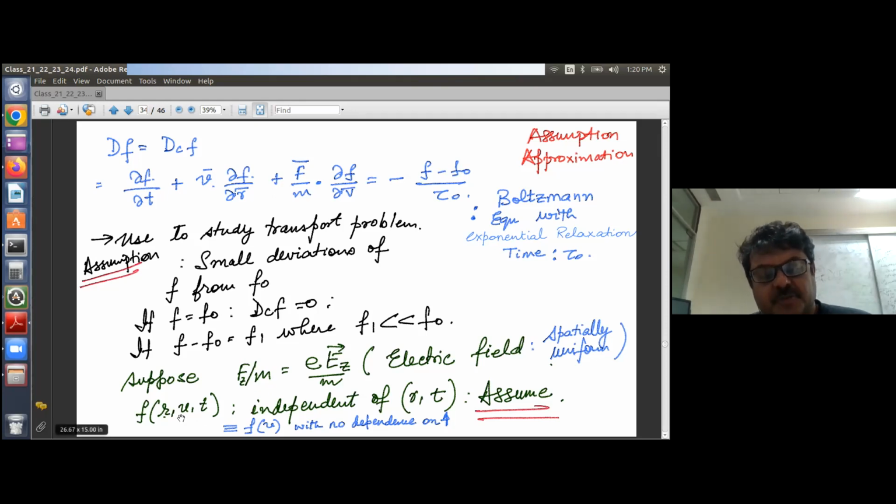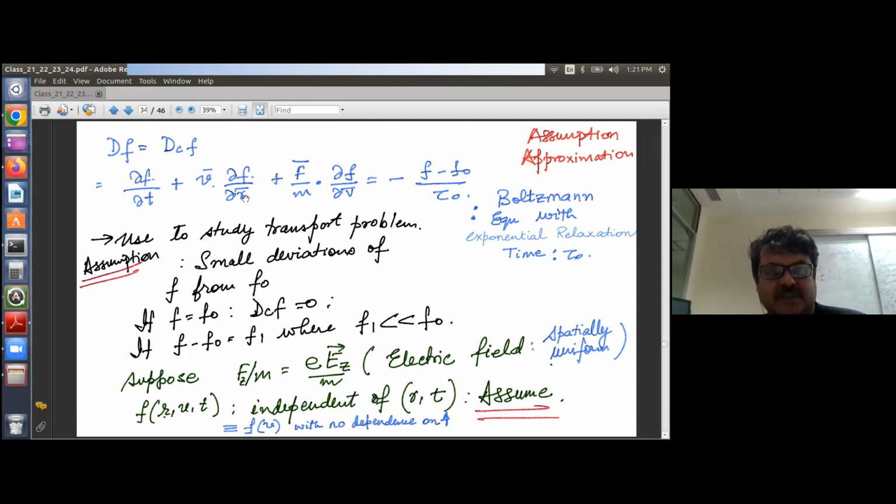So what we are assuming is f(r, v, t) is steady state, so it is independent of space and time. But f of v has an explicit dependence on velocity, because del f del t is equal to 0. This is equal to 0.